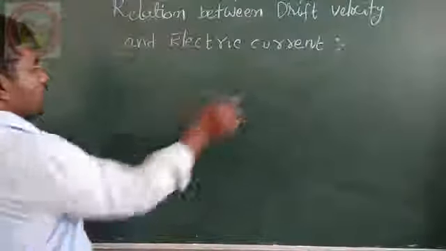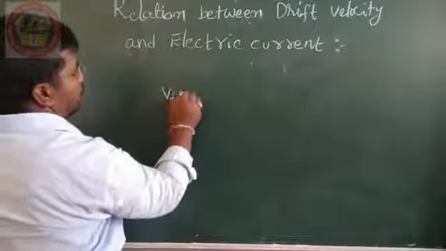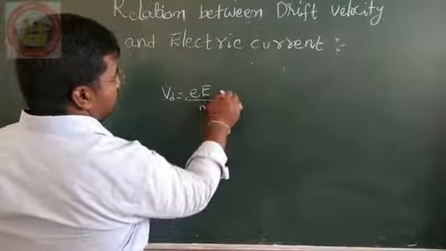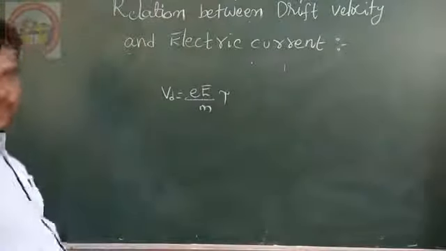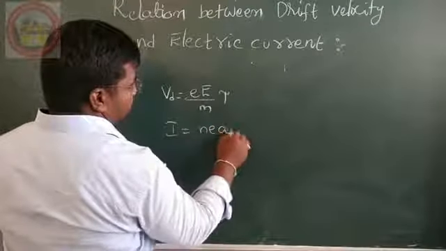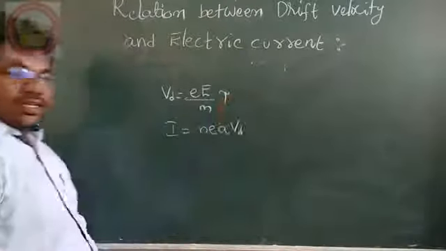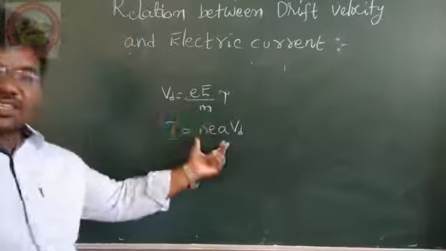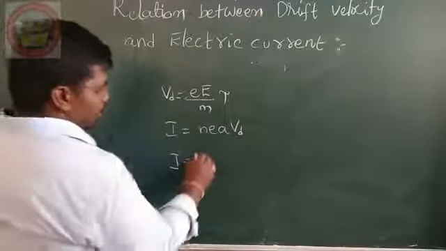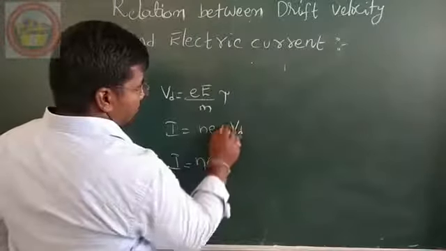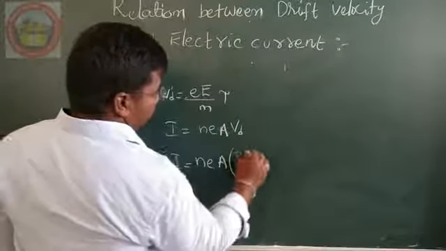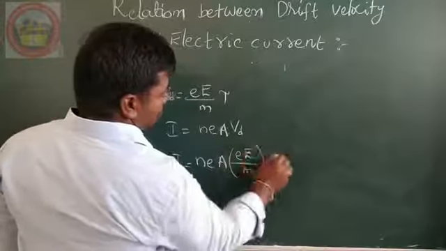Okay, so now here Vd is equal to small e capital E by m into tau. Now, from the last relation, I is equal to neA Vd. So we can substitute drift velocity in this current. We get current I is equal to neA Vd, that is e capital E by m into tau.